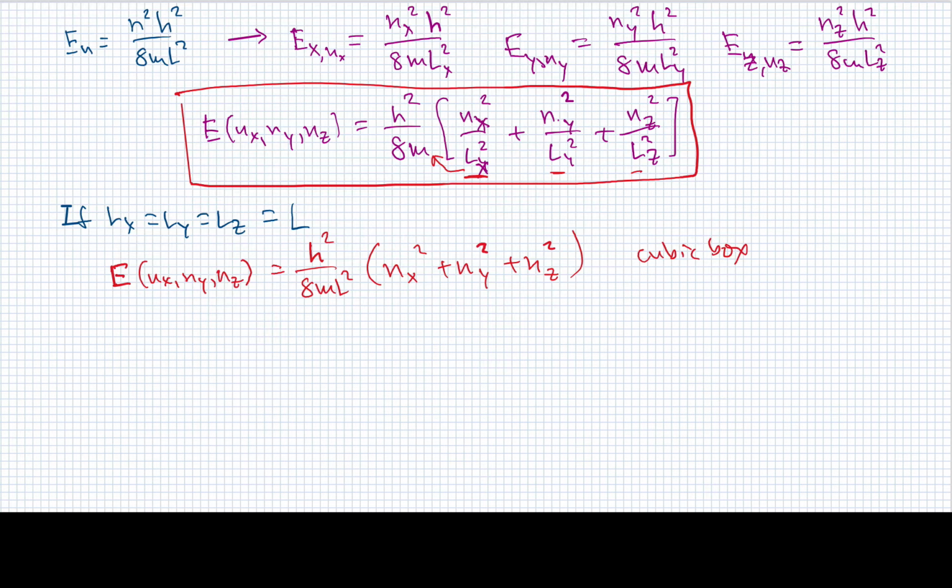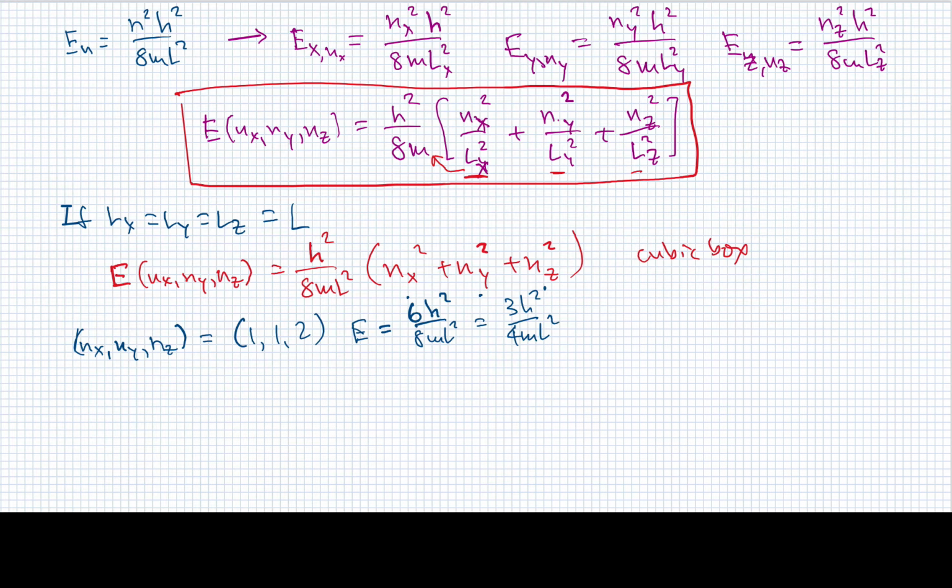So this actually now opens up the possibility that, let's suppose I want to specify my states by giving the values of these three numbers. So this could be, for example, 1, 1, 2. So it would be 1 plus 1 plus 2 squared, which is 4, so that's 6. So this would have an energy of 6h squared over 8mL squared, or 3h squared over 4mL squared.